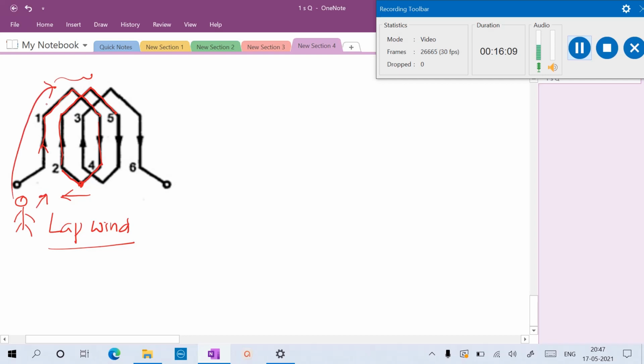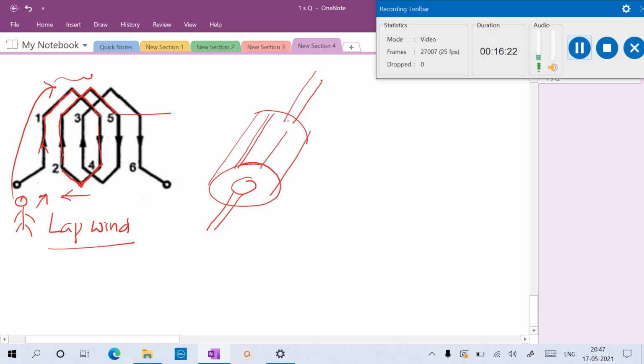Okay, so for example, this is a motor, and these are slots. Now if I am placing here, this is my front and this is the back.